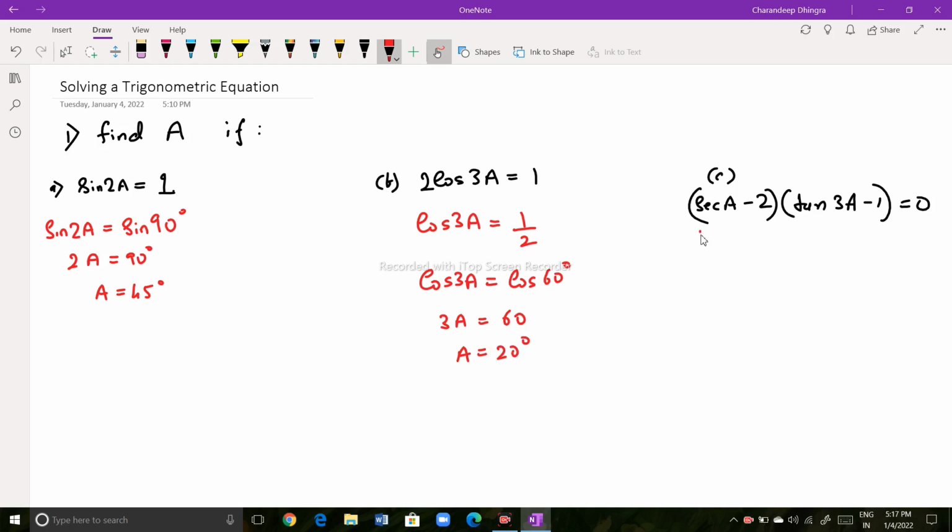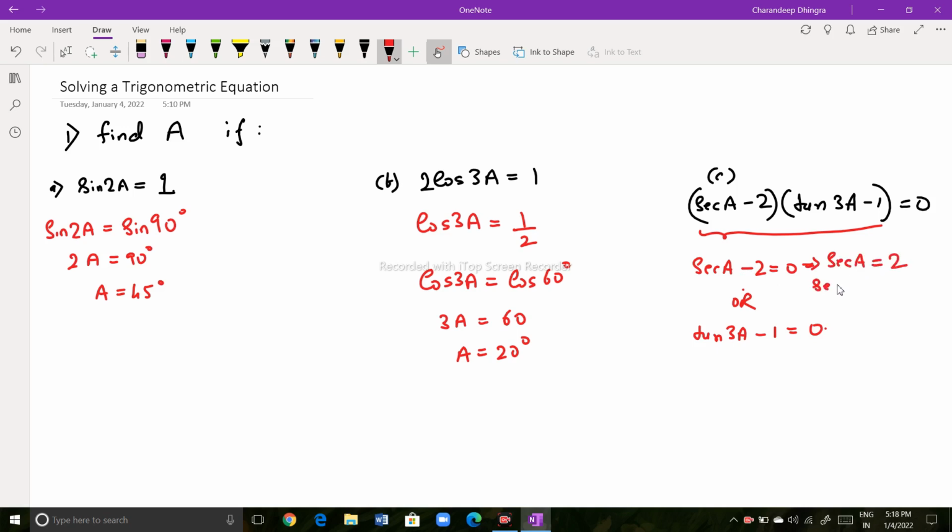Here, if you check carefully, we have factorized something. This gives us a hint that whenever we have a quadratic equation, we can factorize and then find the value of a. In this case it's already factorized, so I can say sec a minus 2 is 0, or tan 3a minus 1 is equal to 0. If sec a minus 2 is equal to 0, that means sec a is equal to 2.